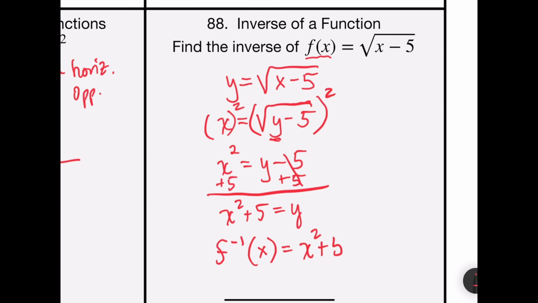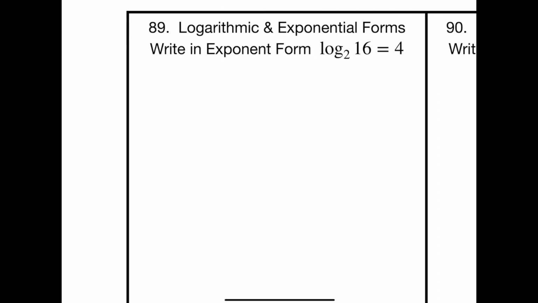Problem number 89 is logarithmic and exponential forms. It says write in exponent form log base 2 of 16 equals 4. So when you listen to the log base 2 of 16 equals 4, you hear the word base with the 2.